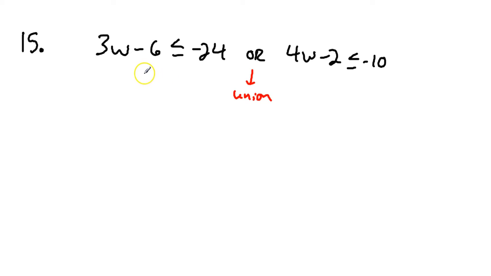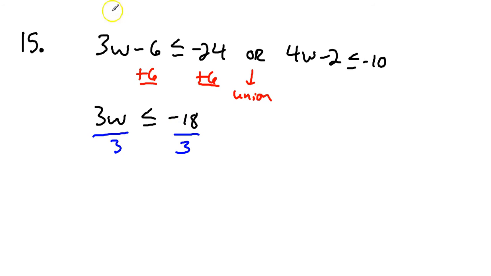Okay, so on the left-hand side, we're going to add 6, and then we're going to divide by 3. So we have w is less than or equal to negative 6.